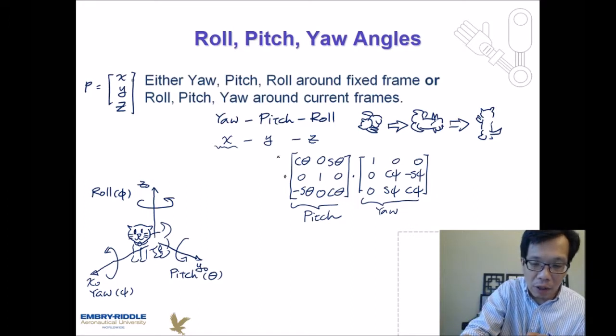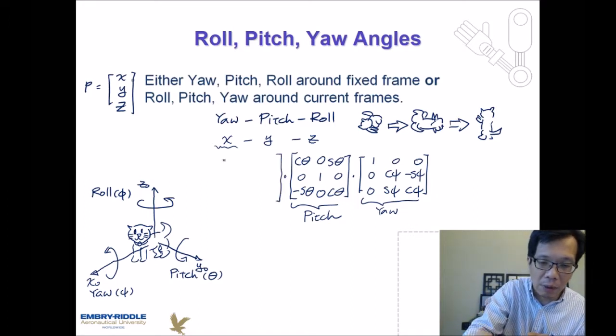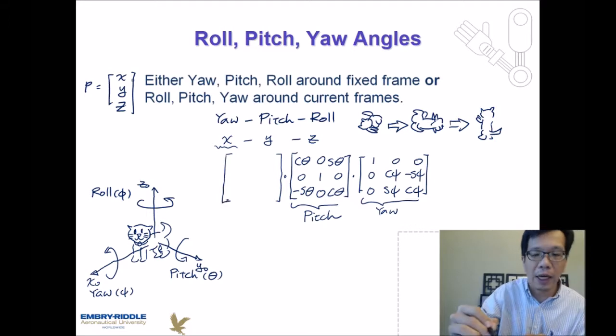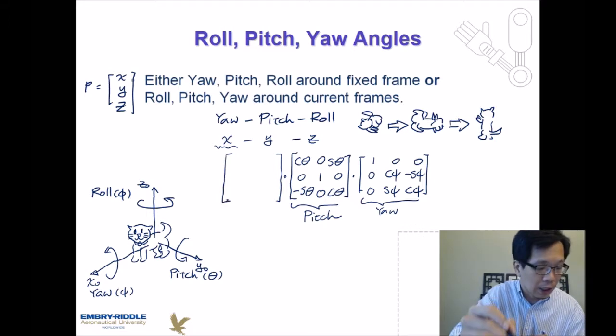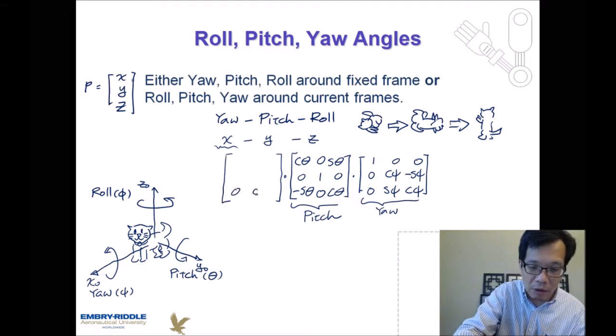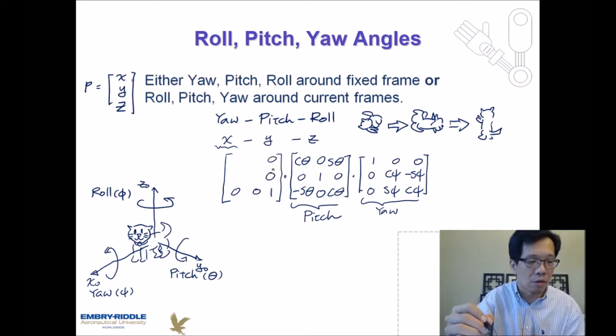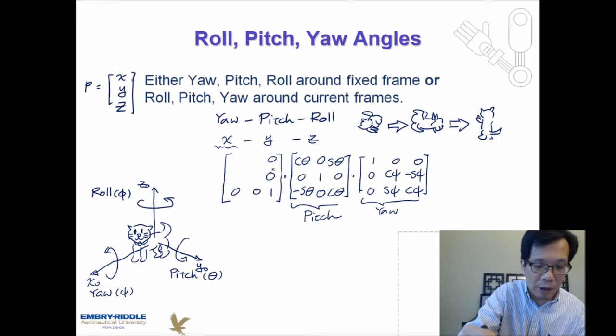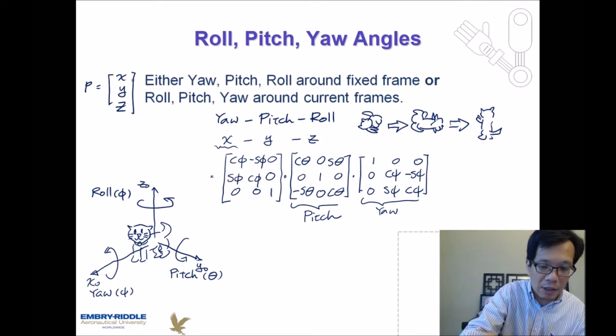So this vector is going to be multiplied by another transformation matrix. This time it's going to be 0, 0, 1 in the third row. In the third column, it's also 0, 0, 1. The transformation over here is going to be cosine phi, negative sine phi, and this one is going to be sine phi, and this is going to be cosine phi.